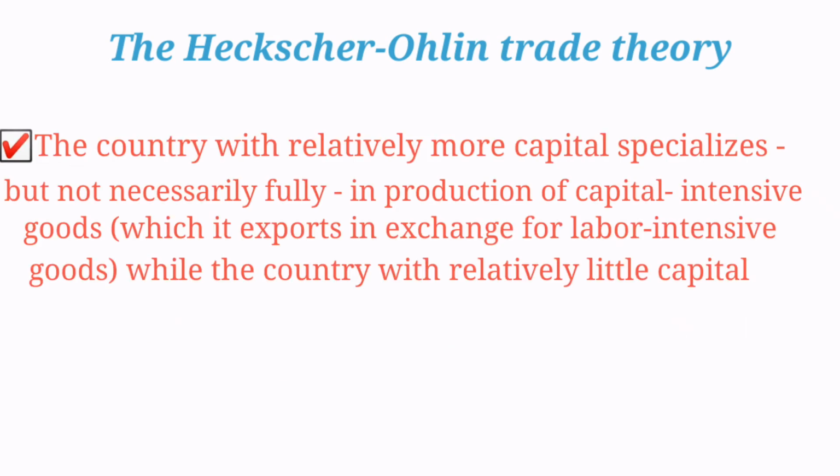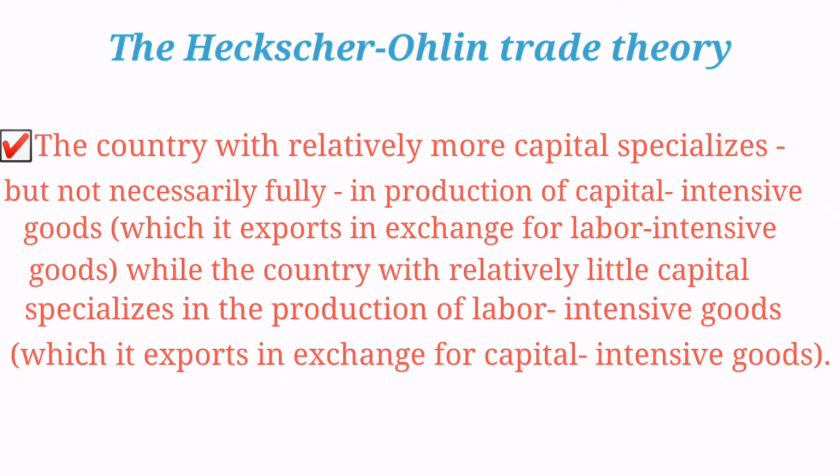In the Heckscher-Ohlin trade theory, the country with relatively more capital specializes, but not necessarily fully, in production of capital-intensive goods, which it exports in exchange for labor-intensive goods, while the country with relatively little capital specializes in the production of labor-intensive goods, which it exports in exchange for capital-intensive goods.